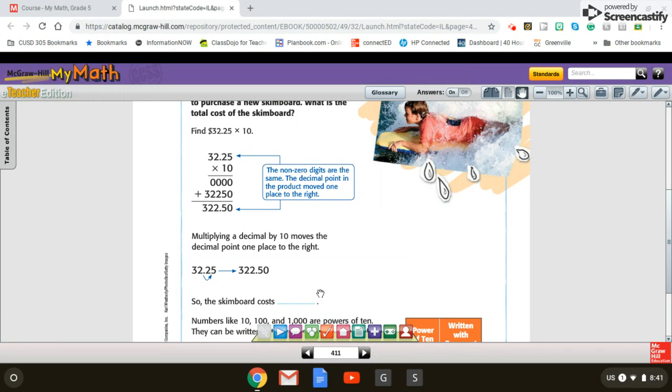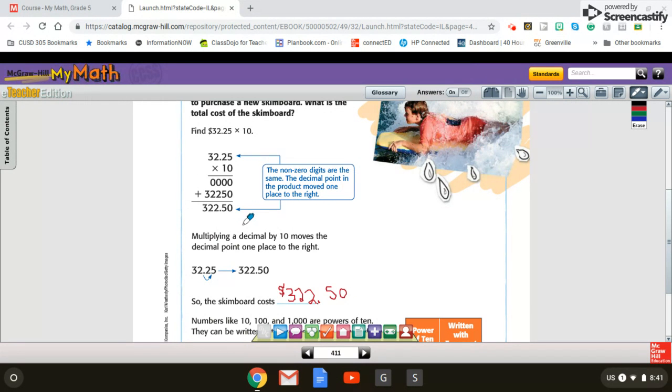It makes it a whole lot easier than going through the process of writing all of this. All you do is swoop 1 place to the right. Times 10, 1 place to the right. So the skimboard is going to cost $322.50. Okay? So, like I said, a whole lot easier than multiplying it out.